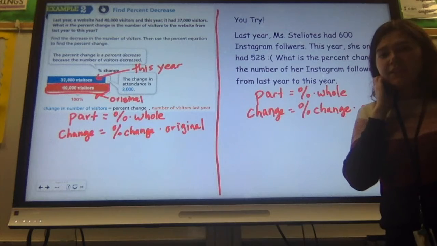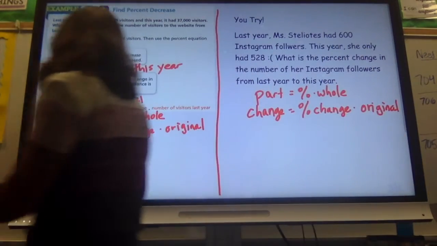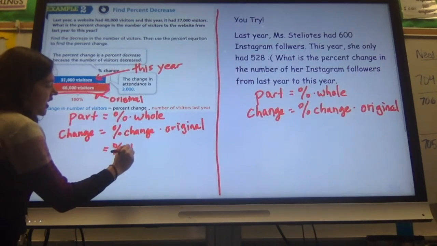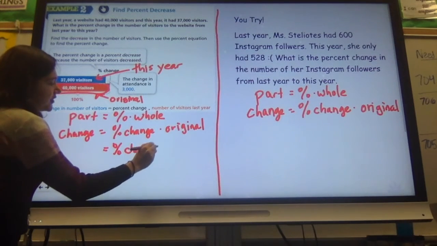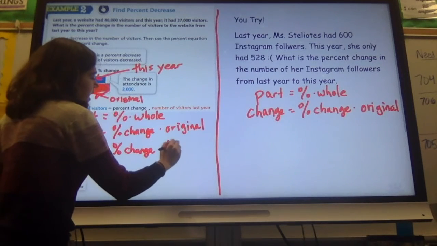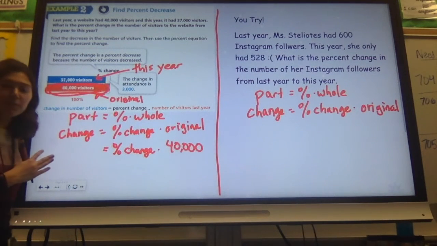Okay? So for my example, the percent change is what I'm trying to find. The original number was 40,000. And then the change takes a little bit more work.